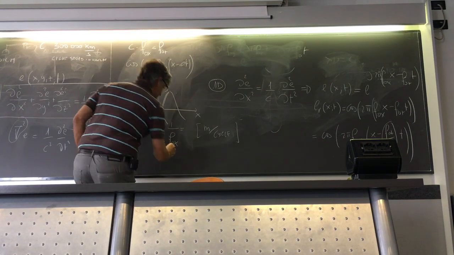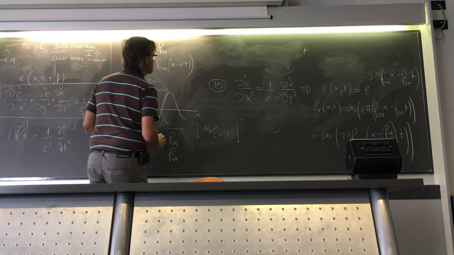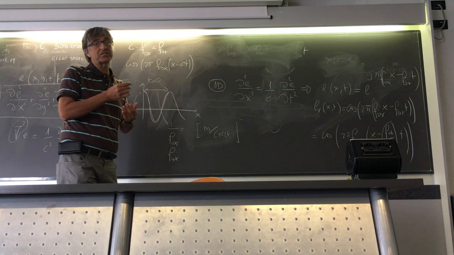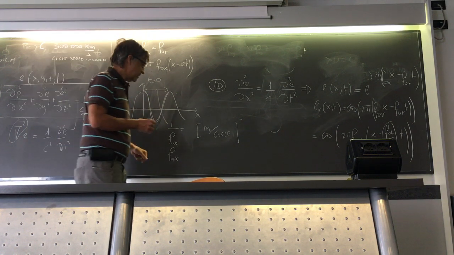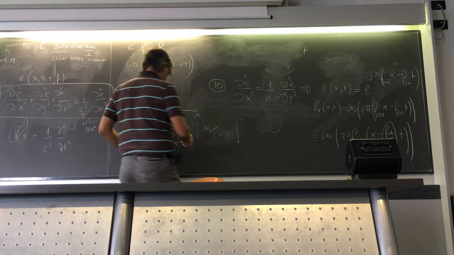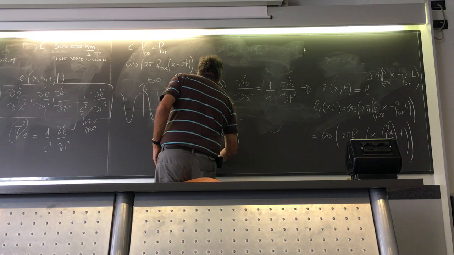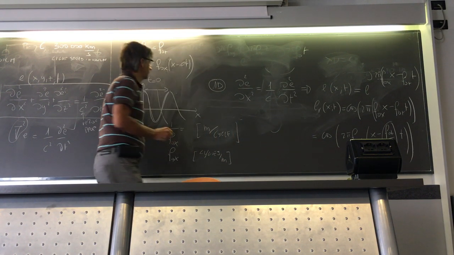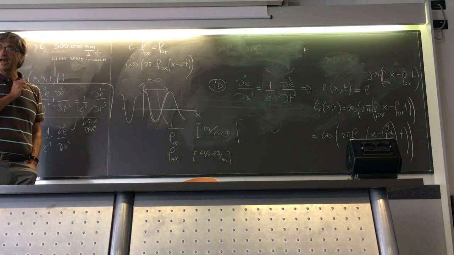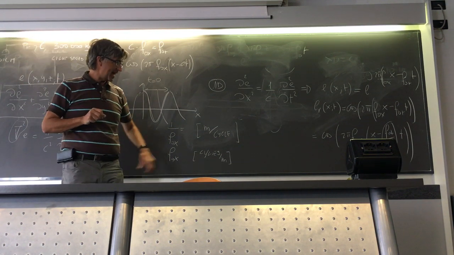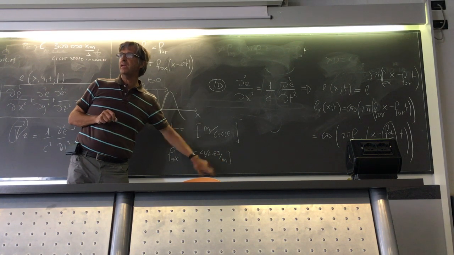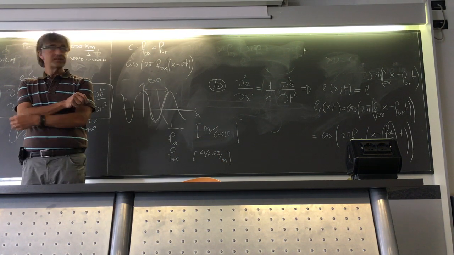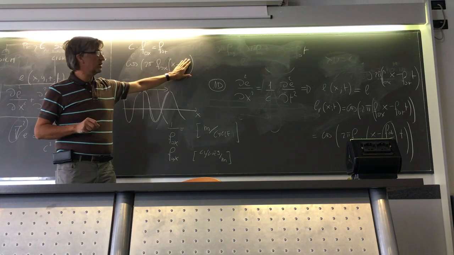And f0x is just the opposite: cycles per meter. How many cycles do you make in 1 meter? You understand? This is just at the beginning of time.